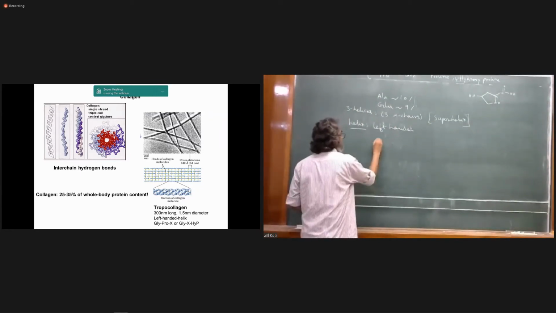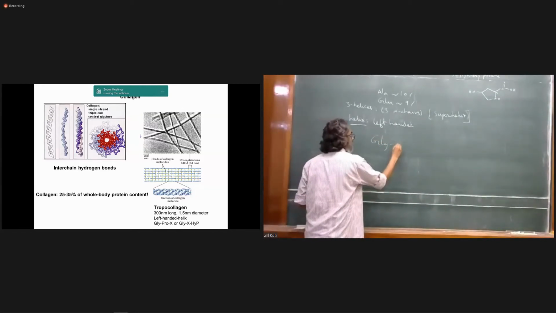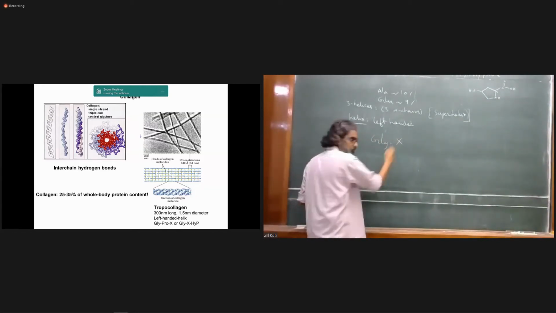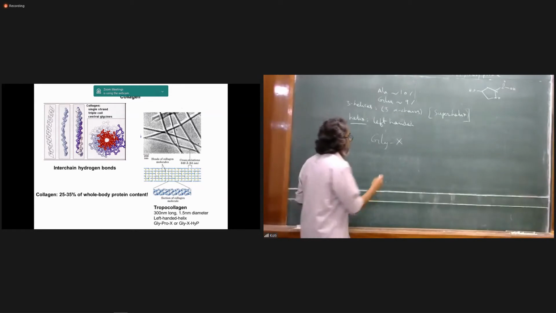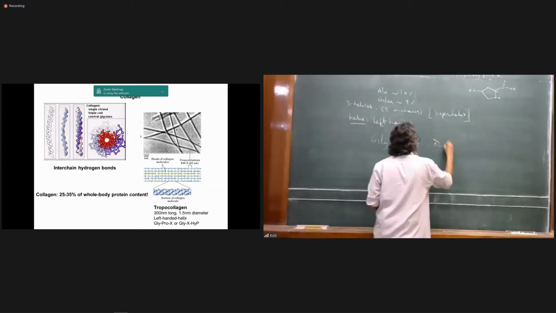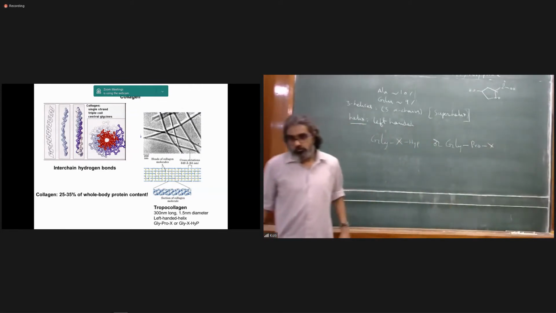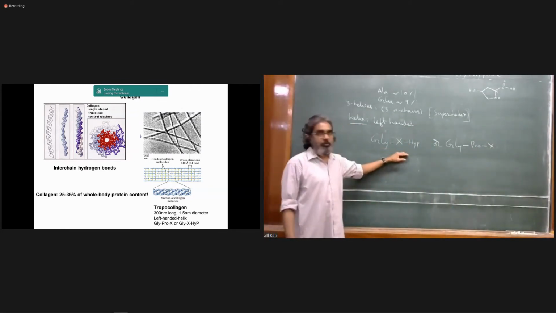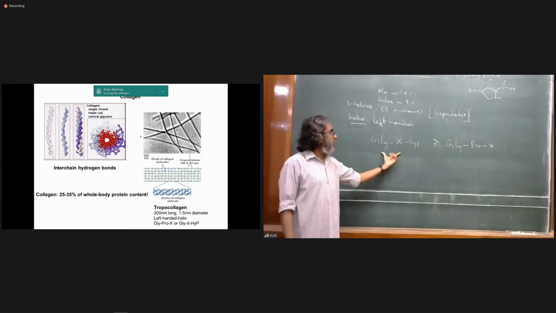But there is a sequence. Typically glycine X proline, glycine X hydroxyproline, or glycine proline X. So this is the kind of sequences you have, triads.